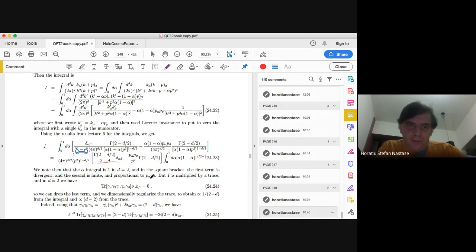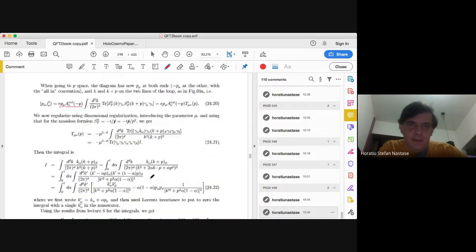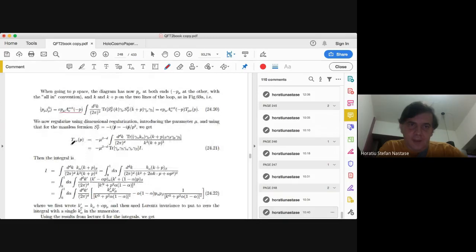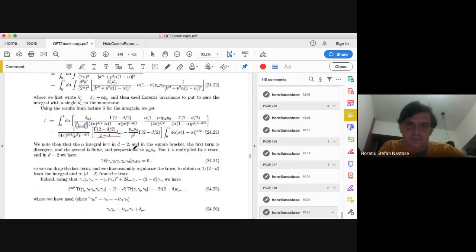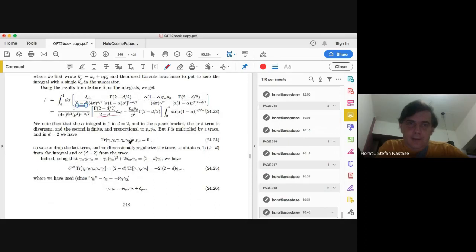So now we remember that in the expression T mu nu of p, the integral I is multiplied by this trace of gammas. And in 2 dimensions, this trace of gammas multiplied with p alpha p beta is 0. Well, I've written the general form for this integral.